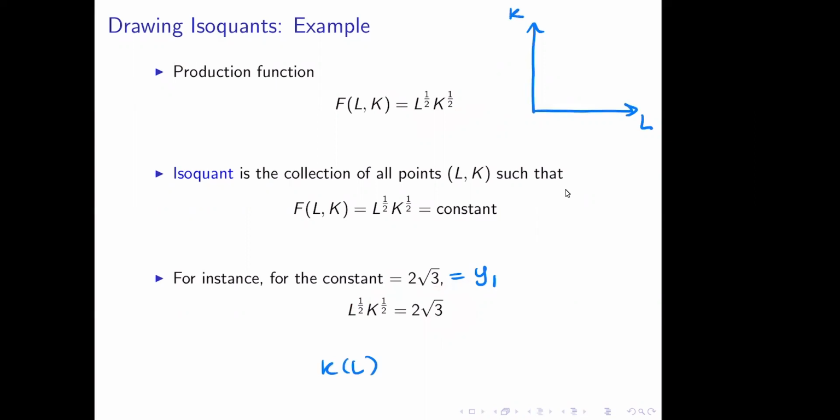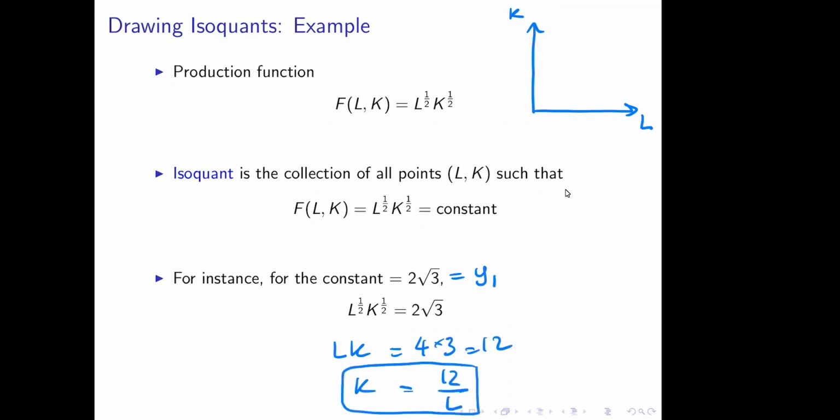That means we need an isoquant function such that K is a function of L. To get this, you would square both sides. Therefore, K is equal to 12 over L. So this is K as a function of L, the function for the isoquant when we assume that output is equal to 2 times the square root of 3.